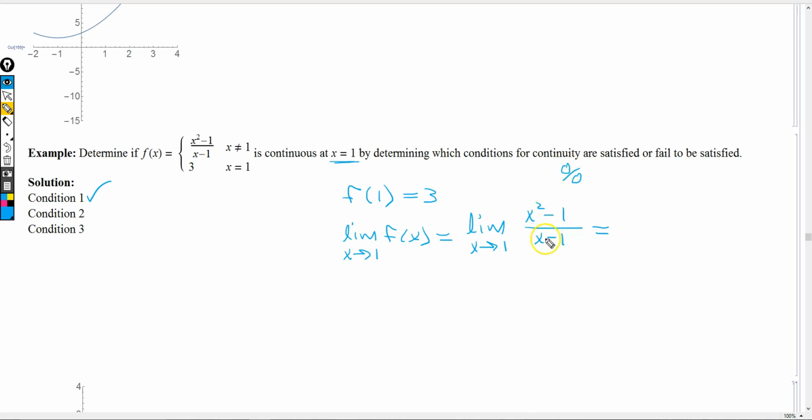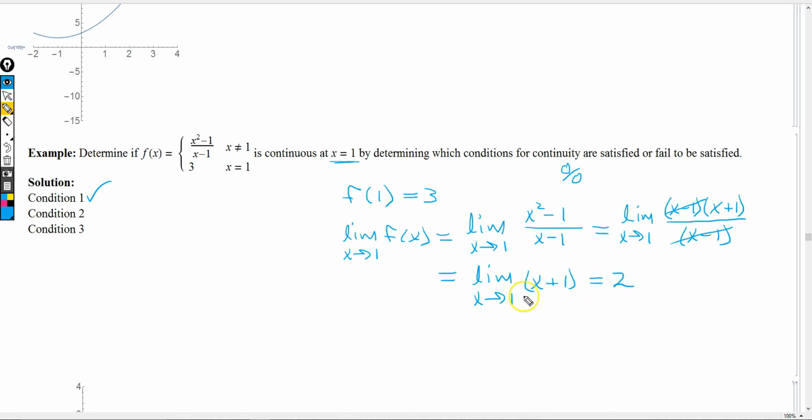That indicates the limit may exist, so we'll try the cancellation technique. Notice we can factor the top as x minus 1. So this equals the limit, and that, of course, is 2. I can just plug the 1 in for the x now. Okay, so the limit does exist, so condition 2 is satisfied.